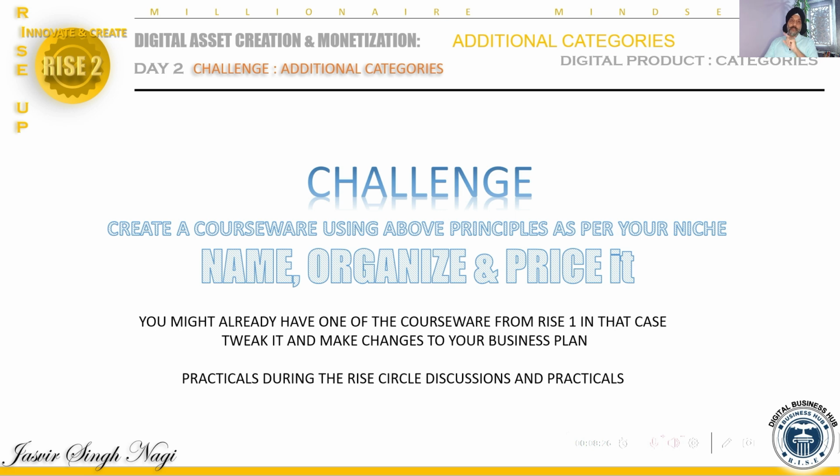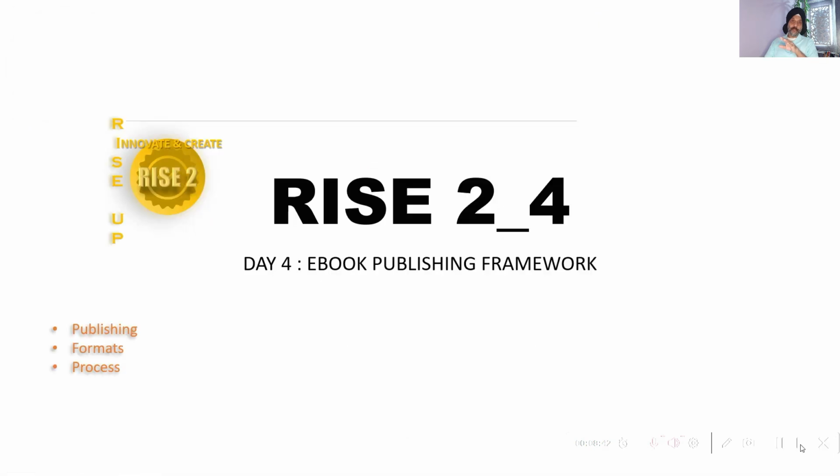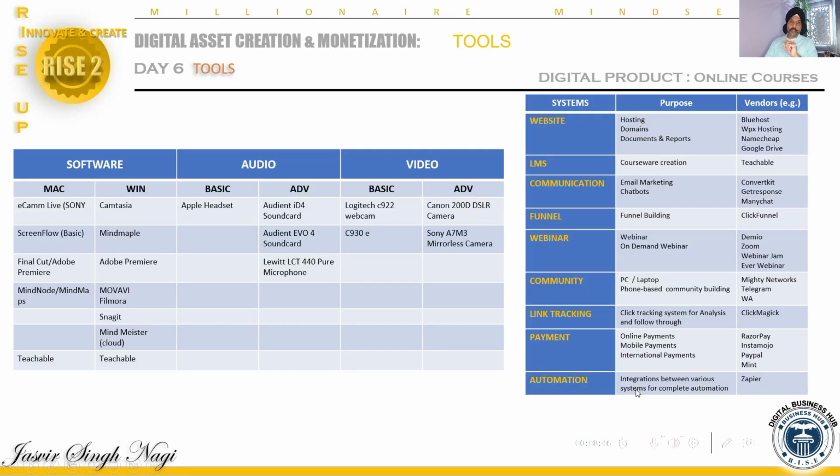But whatever you make here, please ensure to tweak your business plan, your goals, your pricing that you put in, and the budget based on the tools that you choose, and then go about making a final business plan as one of your final tweaks if the courseware is the only thing that you're going ahead with.